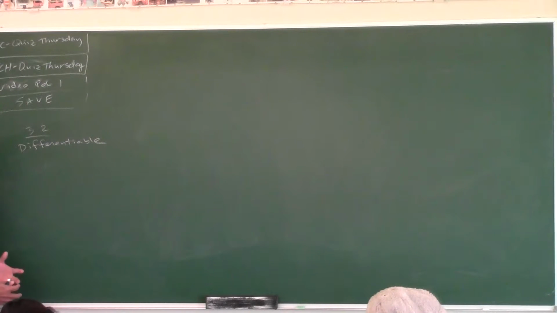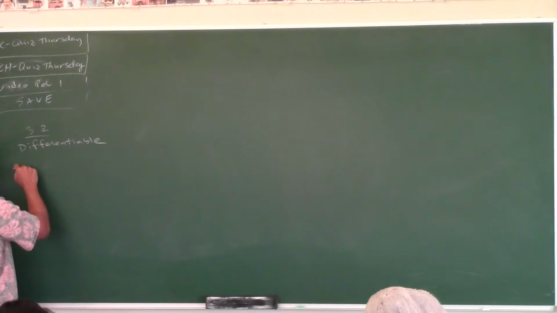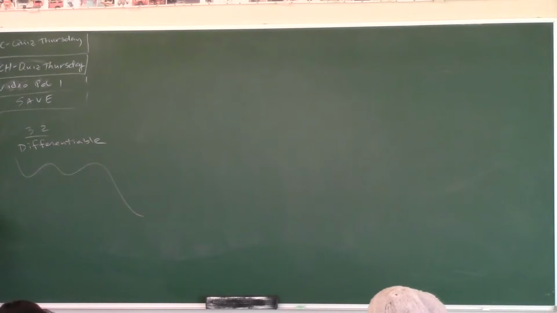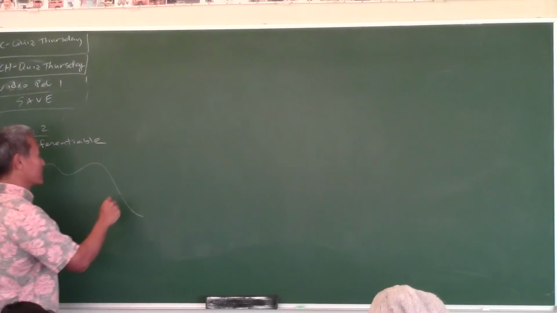Now, in layman's terms, differentiable means smooth and continuous. Like when you have a polynomial function, polynomial functions are always smooth and continuous. There are no sharp points. There are no breaks in it. So, polynomial functions are always differentiable. But sometimes we have functions that look like this.